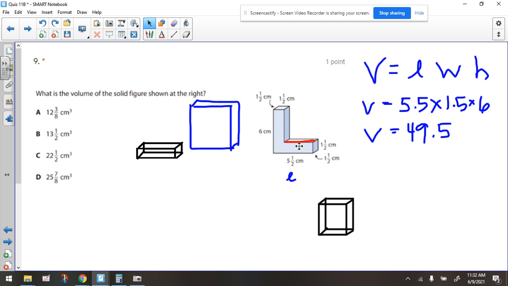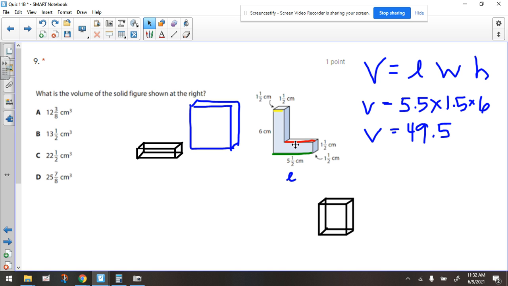Now, a way that we can figure that out is that we know that this line would be the same as adding this red line and adding, how about we use this line right here? And I'll move that down so you can see why that's true. So the red line and the yellow line together have to add up to be 5.5.